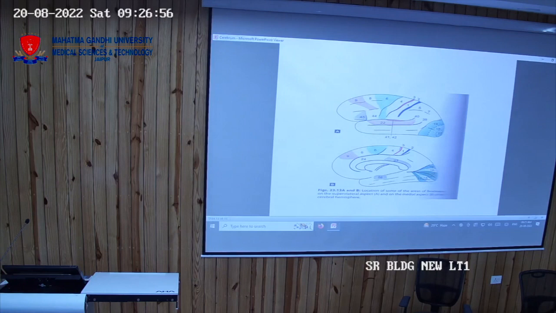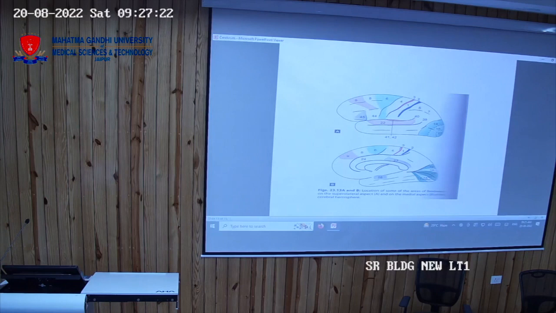Area number 8. This area number 8 is related with the frontal eye field. The stimulation of area number 8 causes the conjugate movements of the eyeballs. That means if we touch this area number 8, both the eyes will move to the opposite side.